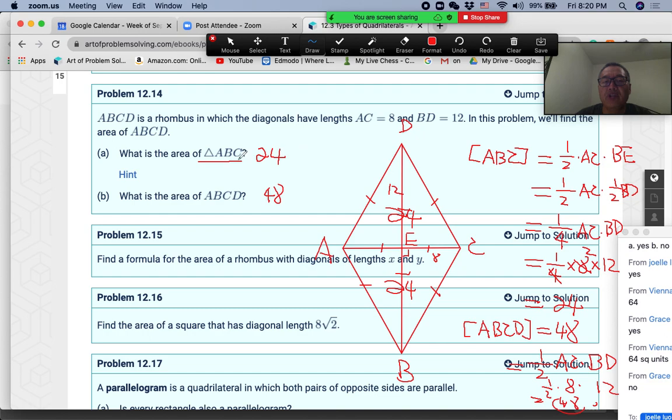Then the area of one triangle will equal 1/4 times the lengths of these two diagonals. Okay, this gives you the one triangle here. The area of the rhombus will just be 1/2 times AC times BD. Okay, this one is a very important formula to calculate the area of a rhombus.